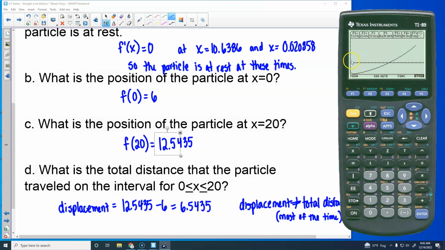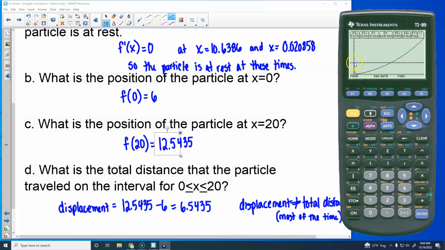I'm going to make my window go to -1 just so I can see a little better. I think this goes back up and crosses right here and we're just not seeing it very well. Usually on FRQ problems, they give you ones you can see a little bit better. Because when we solved it, it told us at 0.020858 we actually crossed right here.